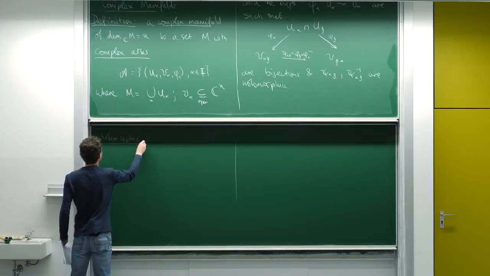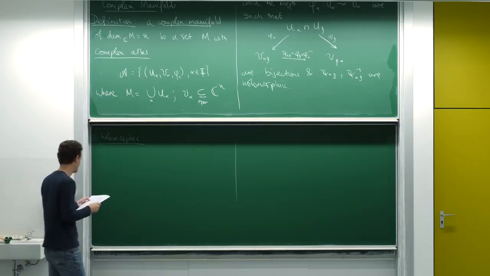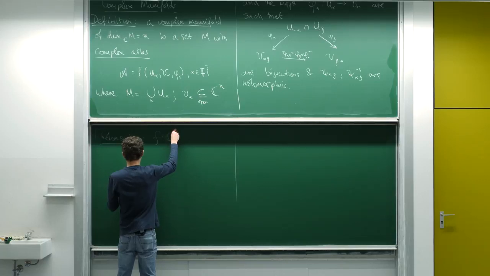So what does it mean, holomorphic, if you have a function of many complex variables going to many complex variables? Well, let's deal first with the case where you've got a function that goes from m complex variables to 1.